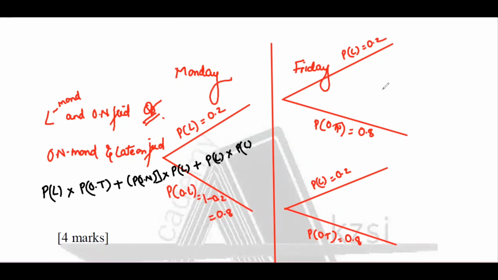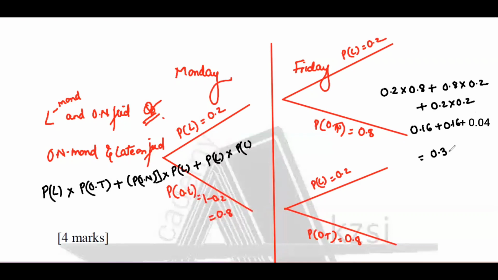So late on Monday is 0.2, on time on Friday is 0.8, plus on time on Monday is 0.8 and late on Friday is 0.2, plus late on both days 0.2 and 0.2. So it's gonna be 0.16 plus 0.16 plus 0.04, which is 0.36. This is your probability.